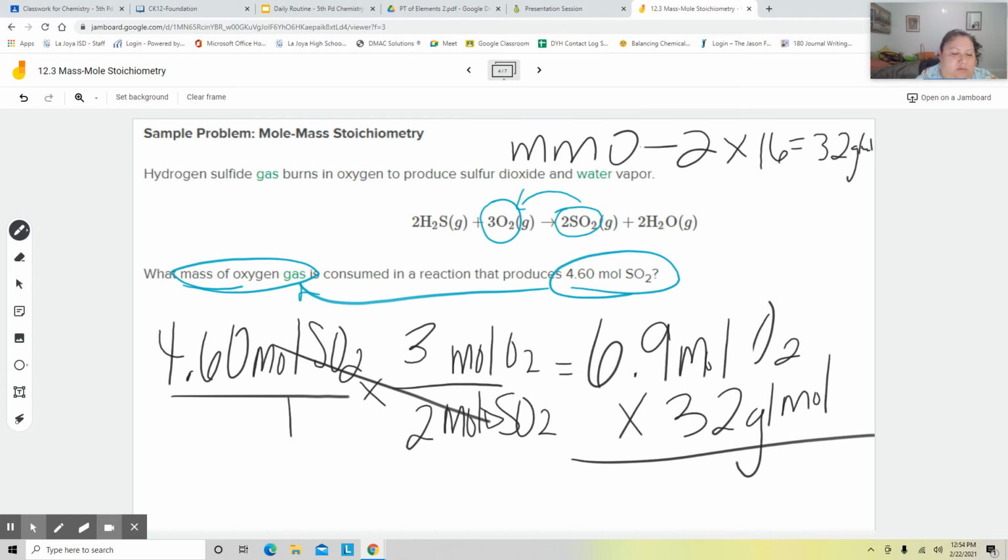All right. Let me get my handy dandy calculator. 200 and something. Yes, ma'am. That is the correct answer. 220.8 grams of O2.